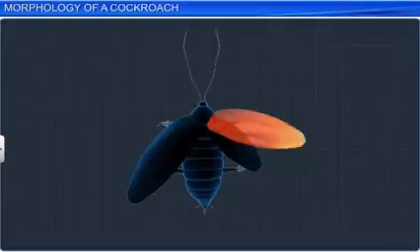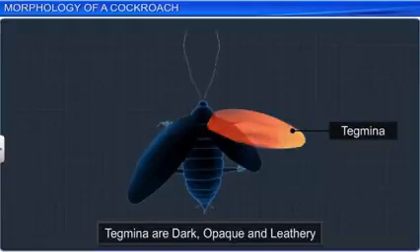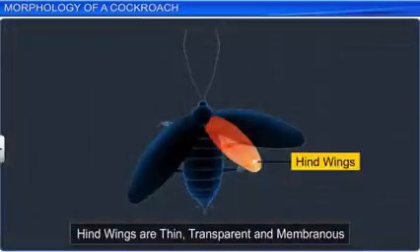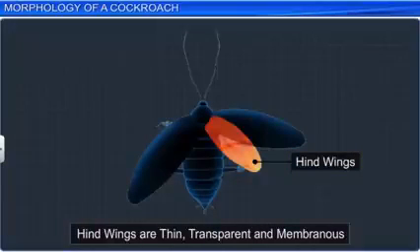The mesothoracic wings or the forewings are called tegmina. These wings are dark, opaque and leathery, and cover the hind wings at rest, while the hind wings are thin, transparent and membranous, and are used in flight.